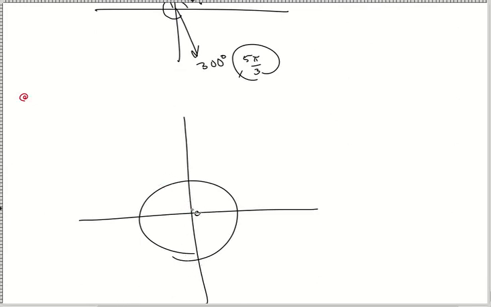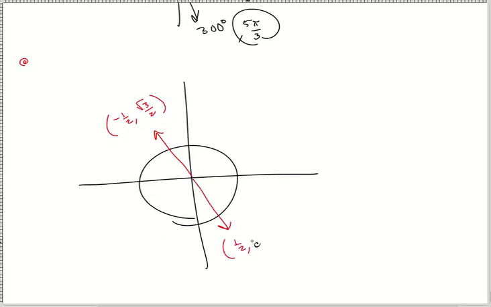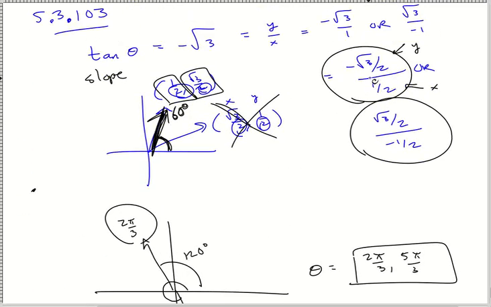And if you go through this whole entire unit circle, there's going to be a point right here that says it's -1/2 and positive square root 3 over 2. This guy right here is a positive 1/2 and a negative square root 3 over 2. We had already concluded that it could be either way. Do you remember that?